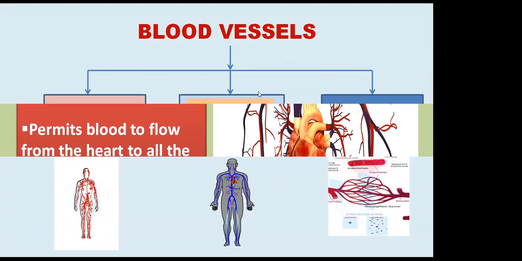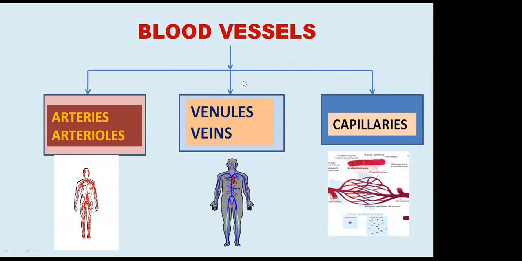There are different types of blood vessels in the human body. We have 5 different types of blood vessels.